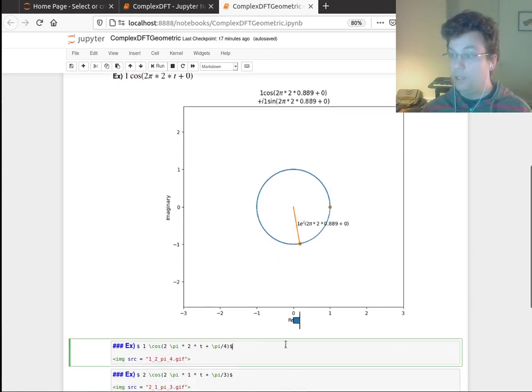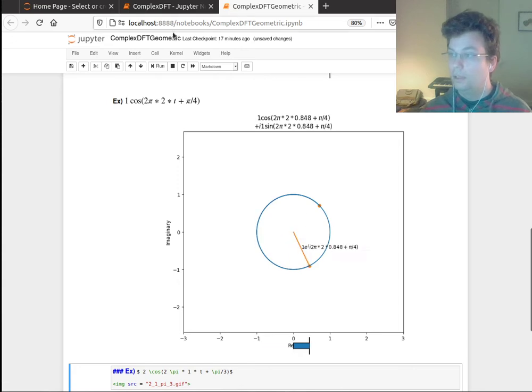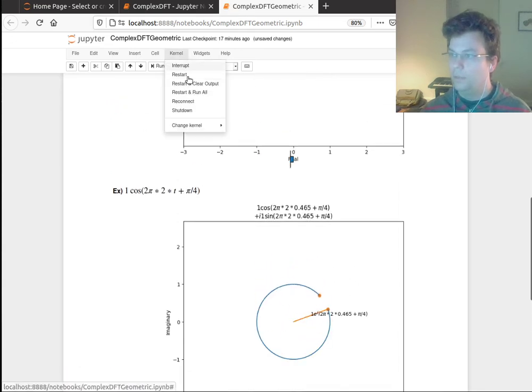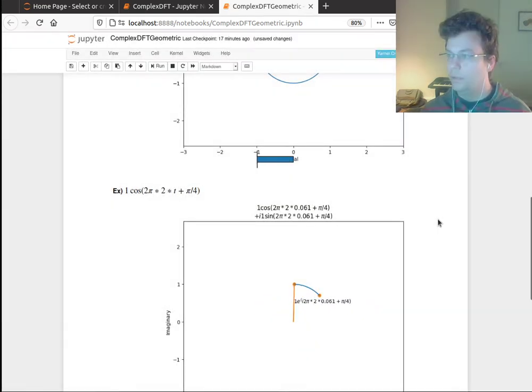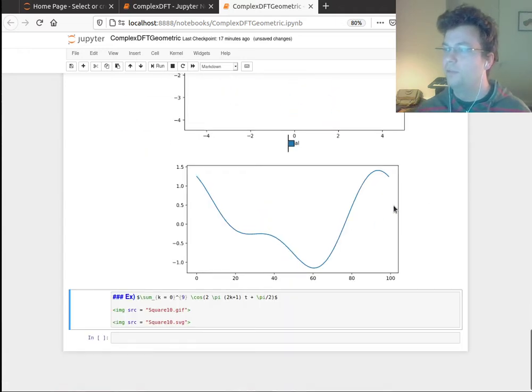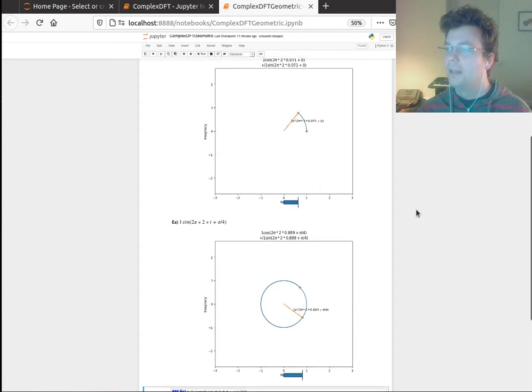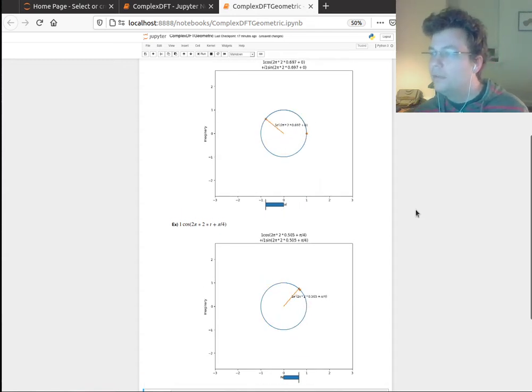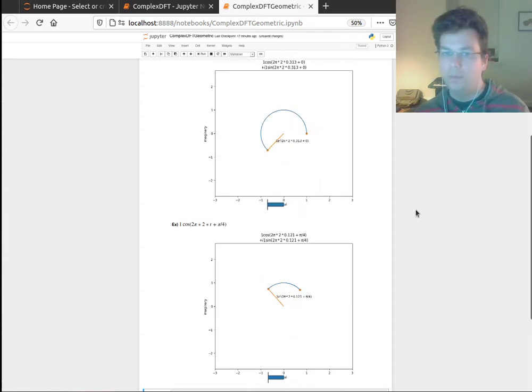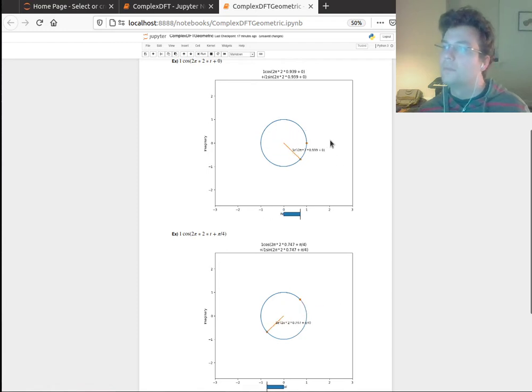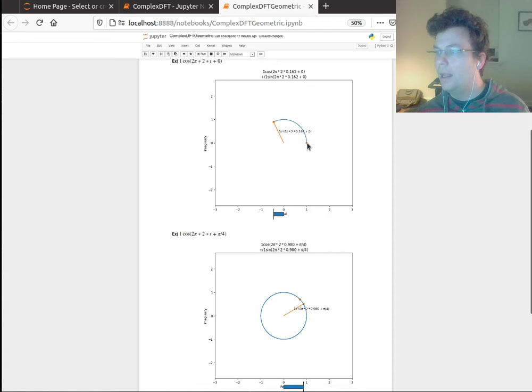If I do a phase shift, let me start these both at the same time so you can see the contrast. Okay, hang on. All right. So if I look at these, I can see that they're basically the same, but they're a little bit out of sync. So this one starts at 1 in the real component and 0 in the imaginary component.